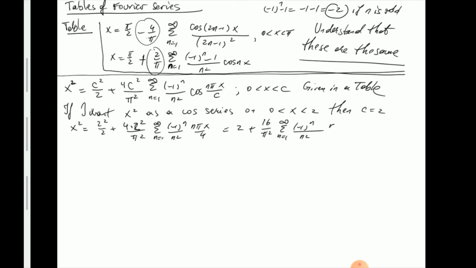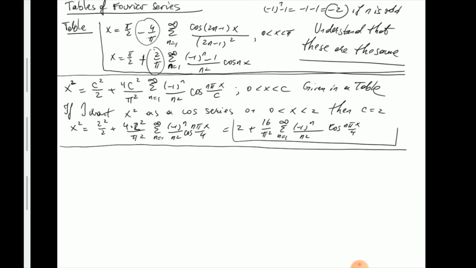I forgot the cosine here, so that's cosine of n pi x over 4. This is the type of work we're going to do later in the applications. We're going to use the tables, not directly the formula for computing the coefficients.